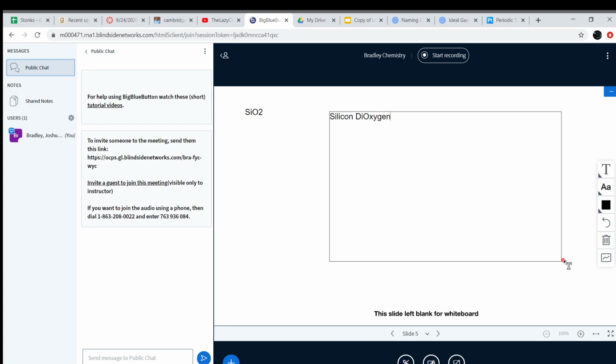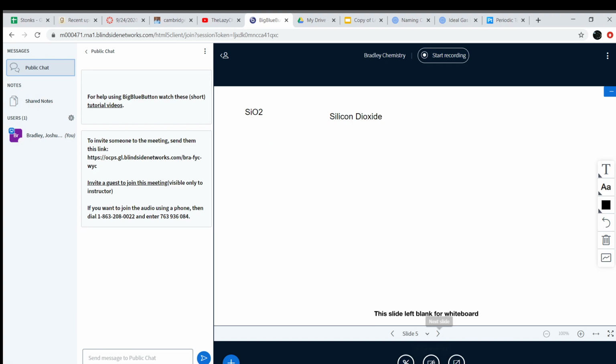But we don't want to leave it as dioxygen because it's a compound, and each compound is going to end with IDE. So we're going to subtract the ending and put IDE. And this is silicon dioxide.